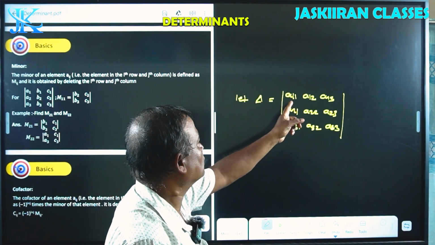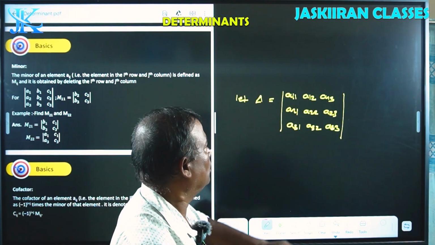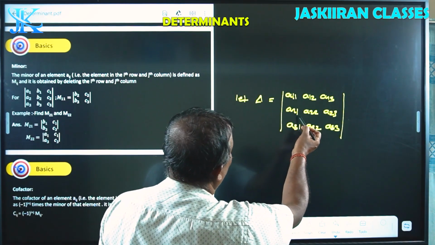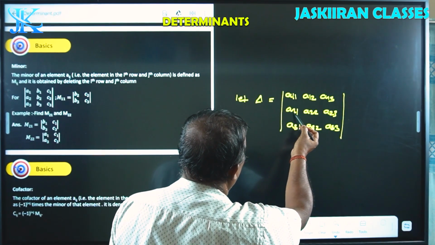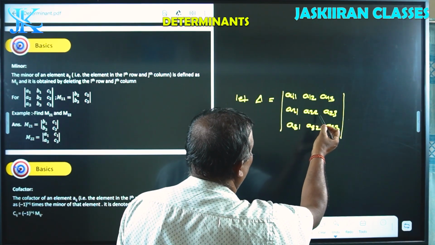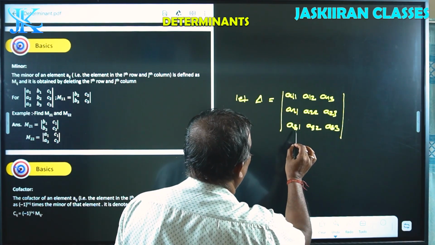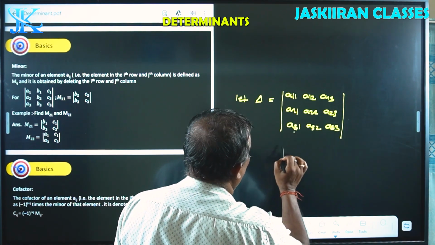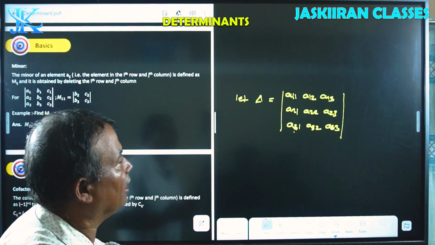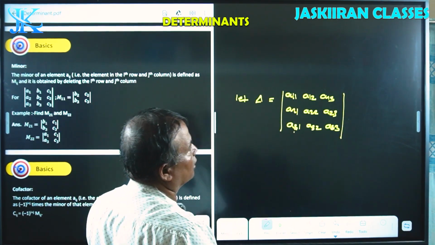A11 means the first row and first column, and A12 means first row and second column. A13 means first row and third column. Similarly, A21 means second row and first column. A22 means second row and second column. A31 means third row and first column. It contains 9 elements.